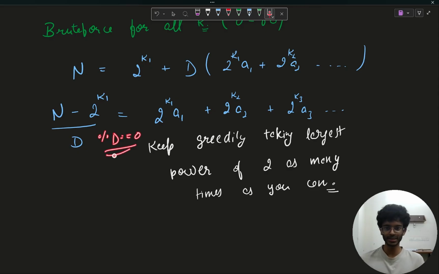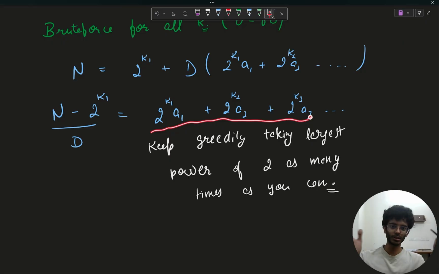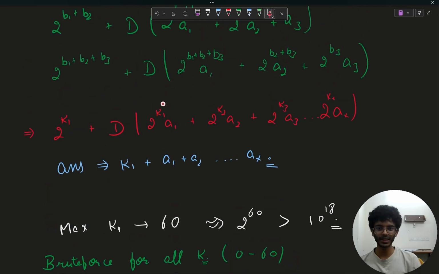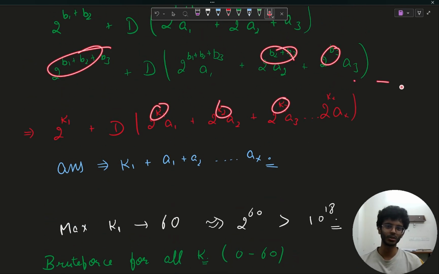Otherwise, it just does not make sense. Now, what does this remind you of? It is some addition of some 2 raised to the power ks, right? And we know that k1 has to be greater than k2, greater than k3, and so on. Why? Because k1 is this, k2 is this, k3 is this, and so on, right?